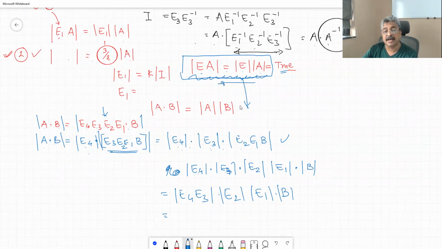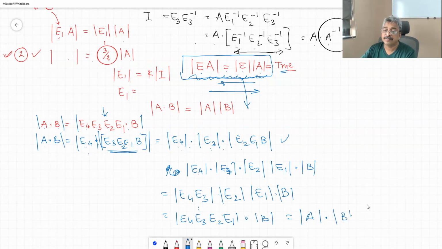Earlier I have applied it in the other direction. It is always true both ways. So E4 E1 and therefore dot dot dot I can always combine E4 E3 E2 E1 times B. Correct? And this is nothing but determinant of A into determinant of B. That completes our proof.